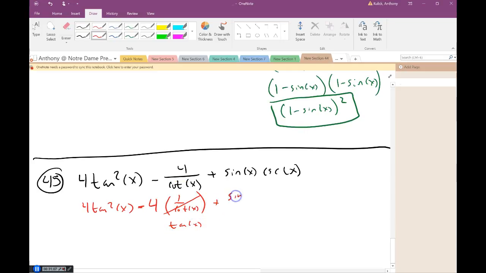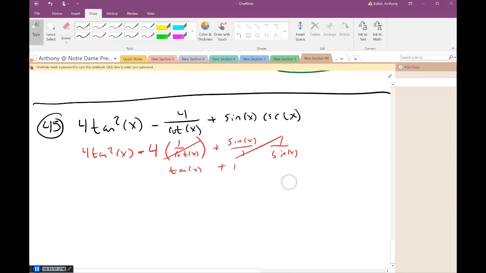And then I have sine x over 1 times 1 over sine x, and that's the same as 1. So really I have tan squared x minus 4 tan x plus 1. That looks a little like a quadratic.